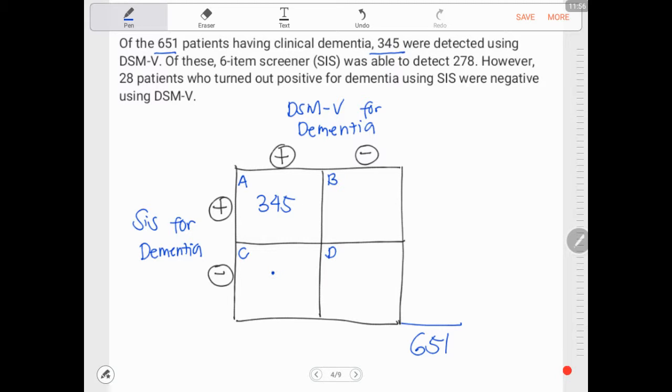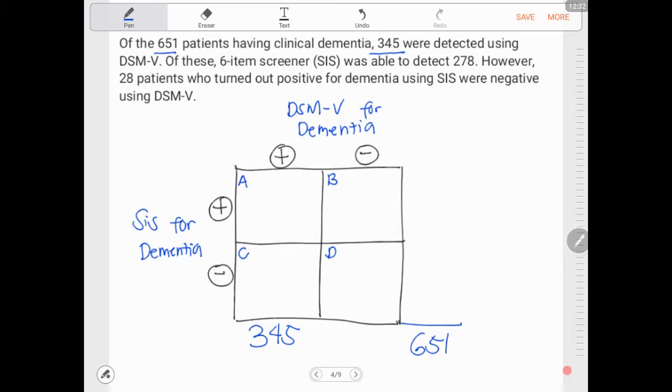Dito, sa letter C na box, this one is still positive for DSM-5. Hindi nga lang siya positive for SIS. So, in short, ano yung value na ilalagay mo dito? Diba? Alright? So, dapat, instead na dito ang ilagay ang 345, kasi kasali naman din yan siya sa whole row, dito mo siya ilalagay. Okay? Okay.